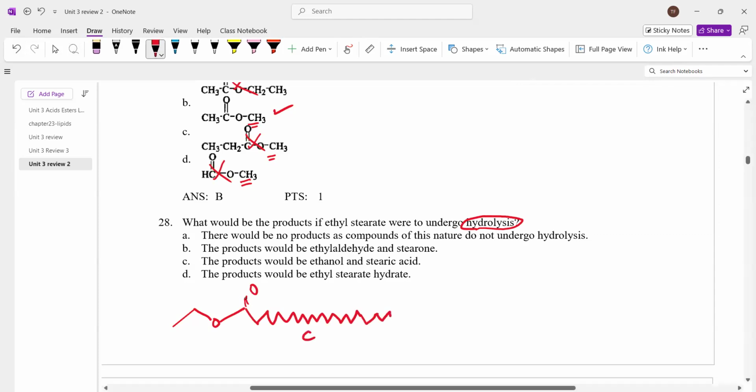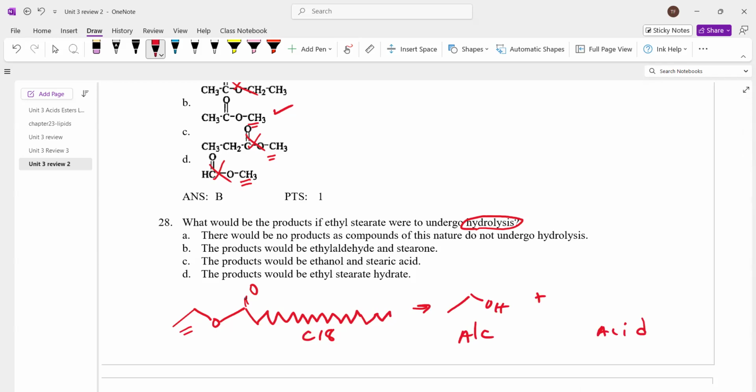Okay, that's C18, I think. Okay, hydrolysis, that means you're going to have the alcohol plus the acid, which would be that guy there.